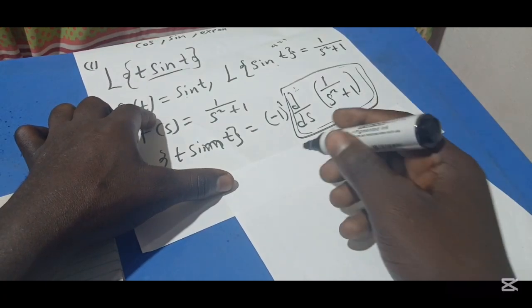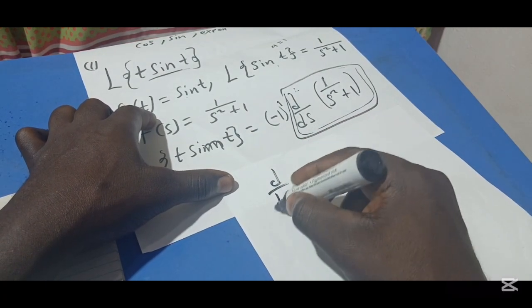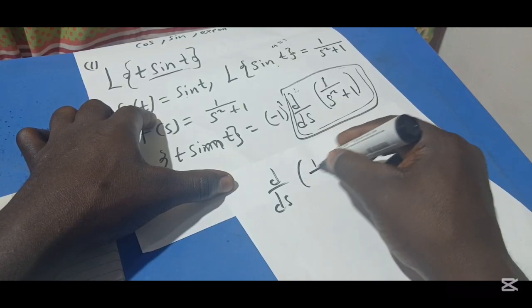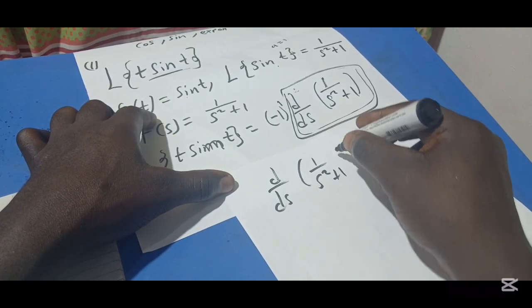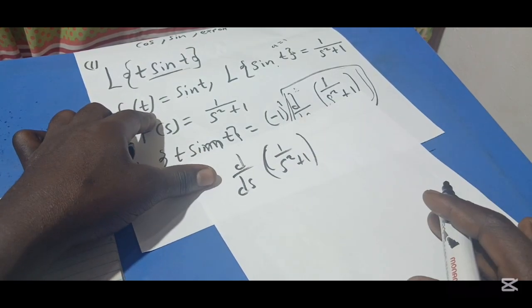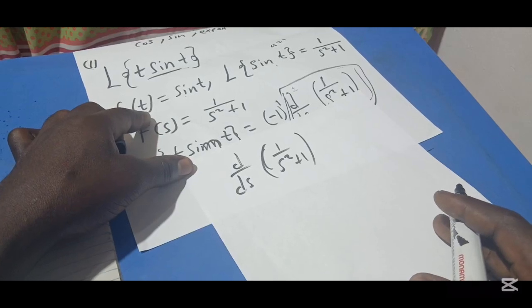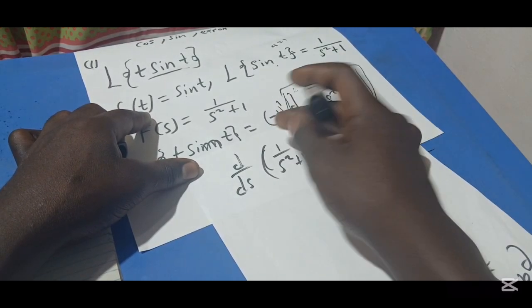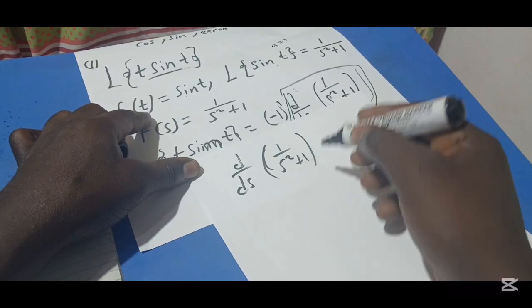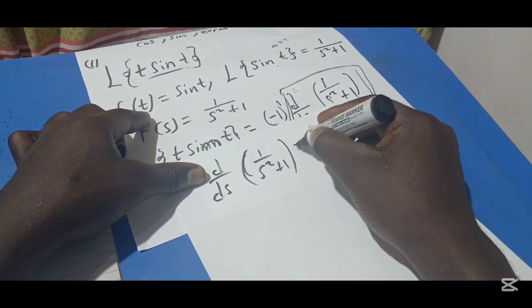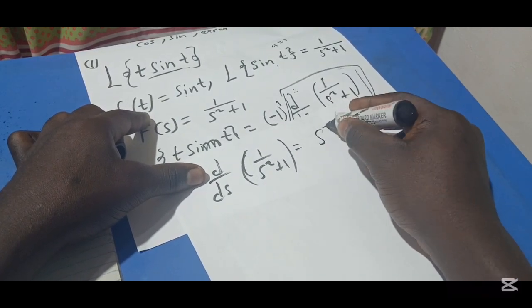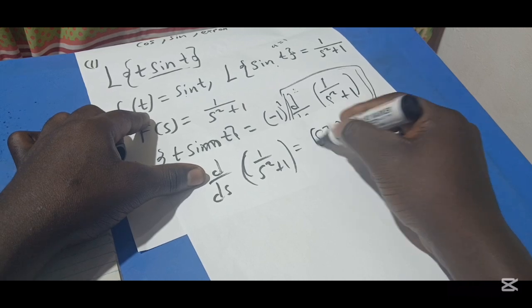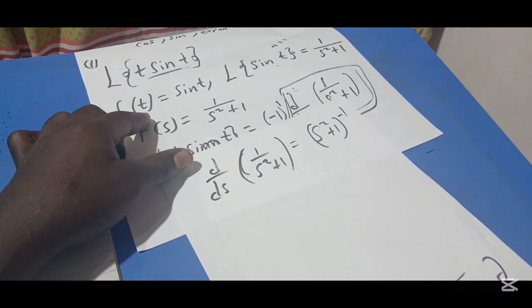Differentiating 1 over s squared plus 1, I would like to use the chain rule, which is more sweet. So I'll write this as s squared plus 1 to the power negative 1, right?